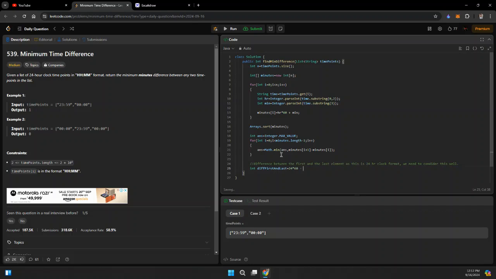My last one will be stored in the minutes array at the index minutes.length minus 1, of course, plus the first one, that means minutes at index 0.